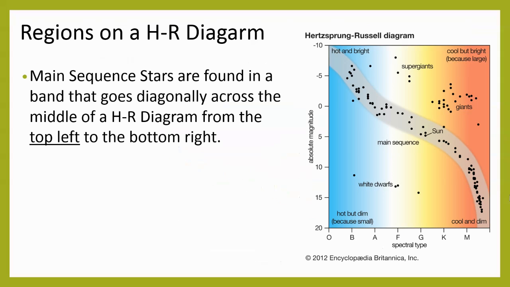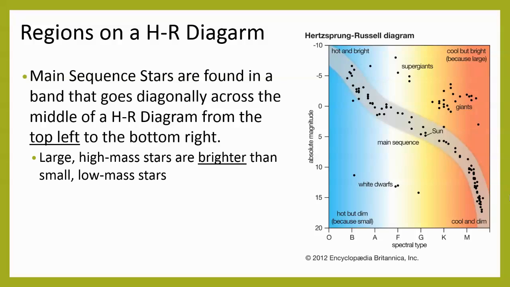Okay, so when we plot stars according to their brightness in comparison to their temperature, we start to see some patterns emerge. So along the middle of this graph, kind of going from the top left corner to the bottom right, we have this band, which includes the main sequence stars, the stars that are taking hydrogen and forming helium. So we can see it here in that gray band going across that picture.